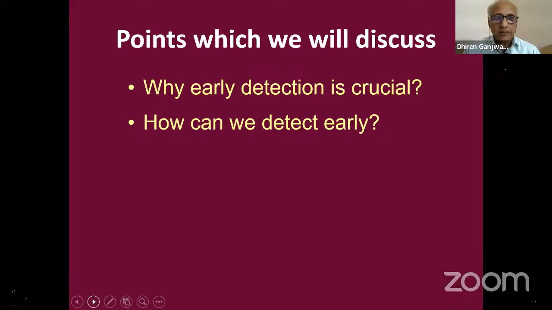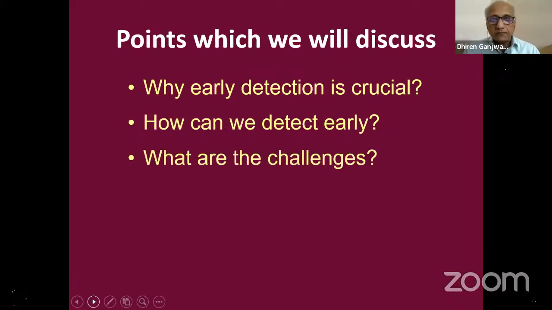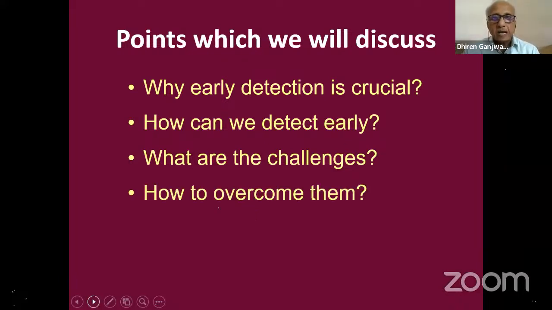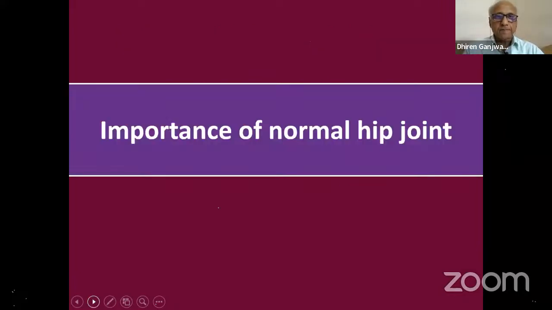The third is, what are the challenges? Yes, we all understand that it is desirable to detect it early, but it's difficult, and we will discuss those difficulties. And the last is how to overcome the challenges and what the options are for that. So these are the 4 important points which we will discuss.